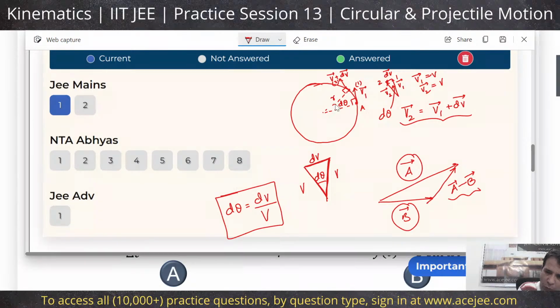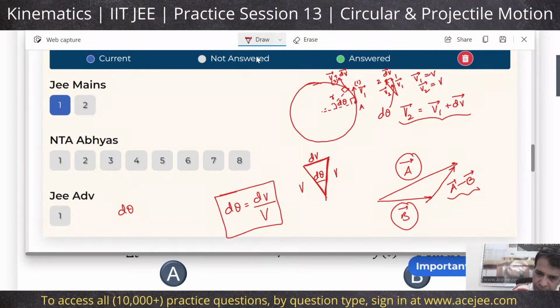And what was d theta for the other triangle? For that triangle, d theta is ds by r.